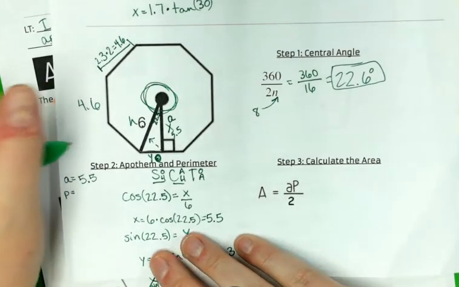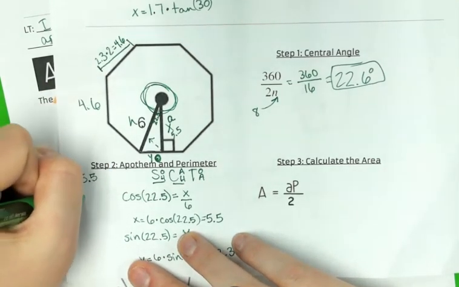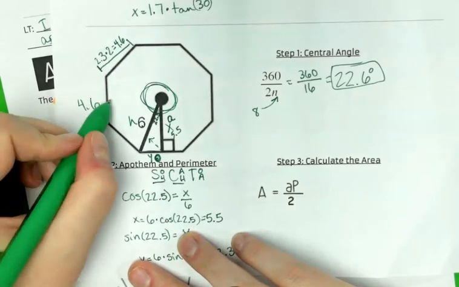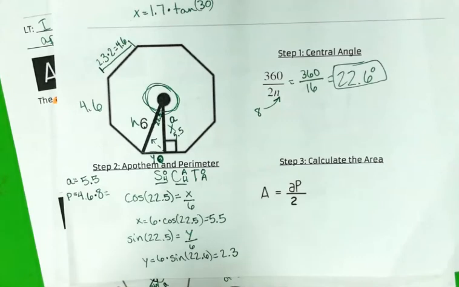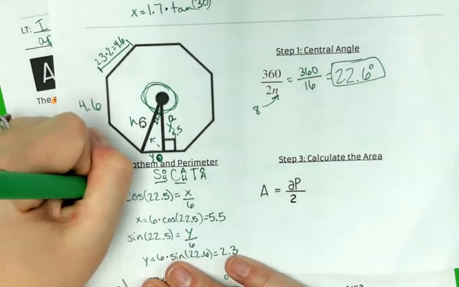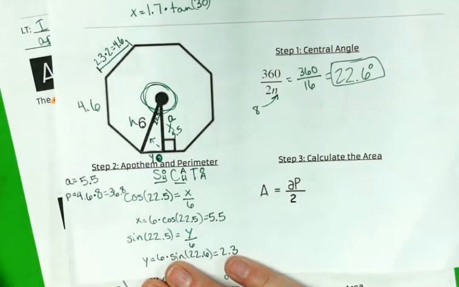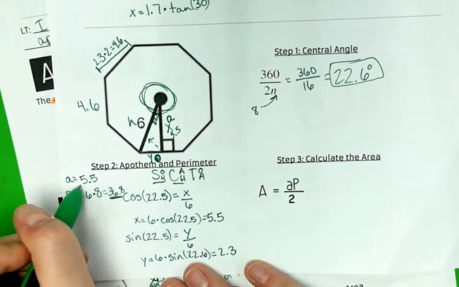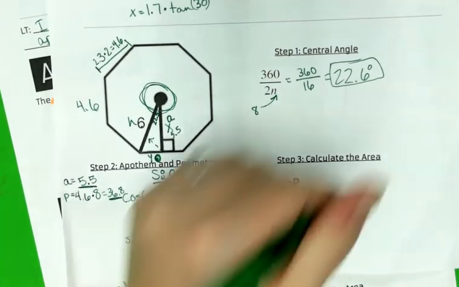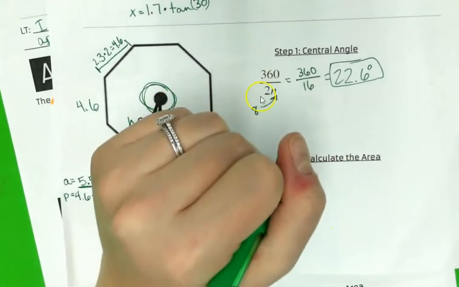So now we can find our perimeter. So one of the sides is 4.6 times 8 sides. 4.6 times 8 is 36.8. And that's going to be our perimeter. All right, now we have everything we need. We've got our perimeter. We've got our apothem. Let's just plug those in.